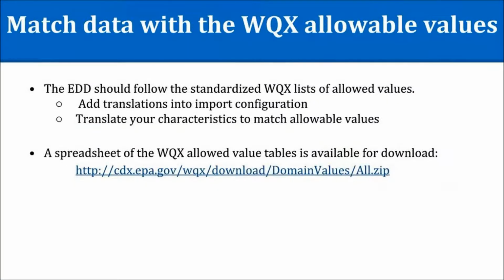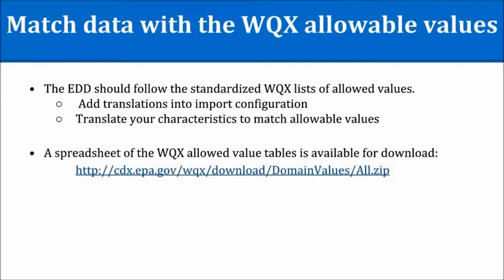I think this is the last setup, but one of the last WQX rules is that we need your data to match with WQX allowable values. Earlier I said to look up the activity types and we can add new ones. Well, this works similarly to that. There is a list that WQX checks your data against and says, oh, this doesn't match the list perfectly. We don't accept it. Certain fields have allowable values, such as characteristics like pH, dissolved oxygen.